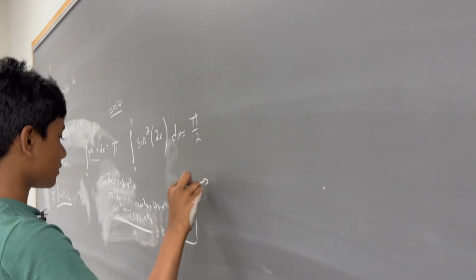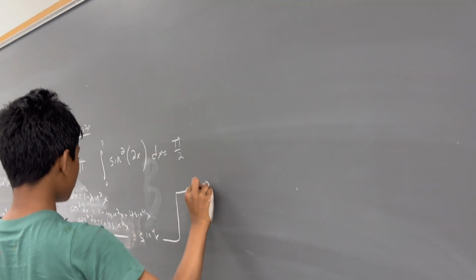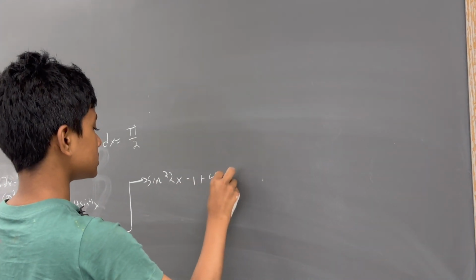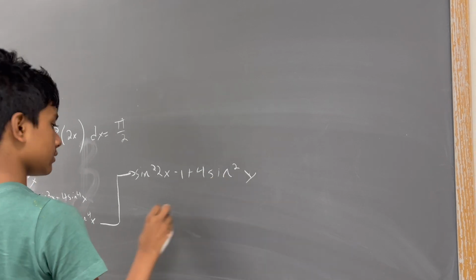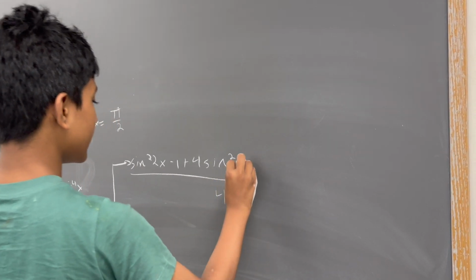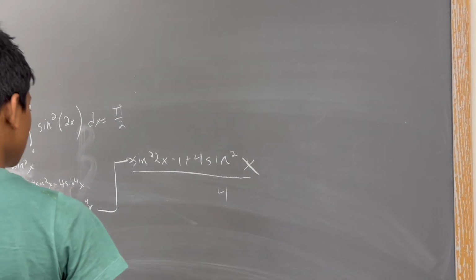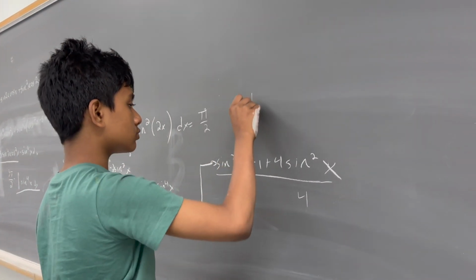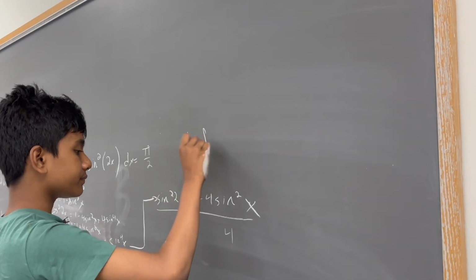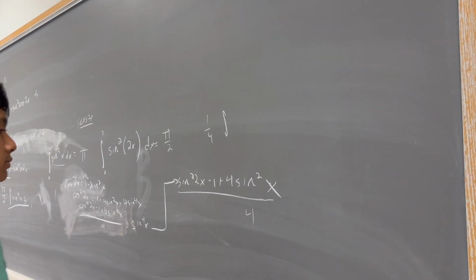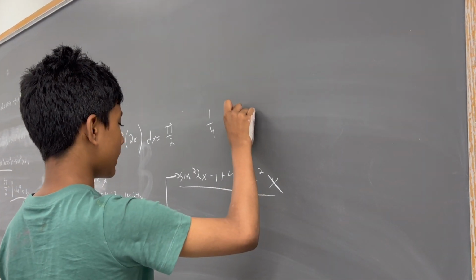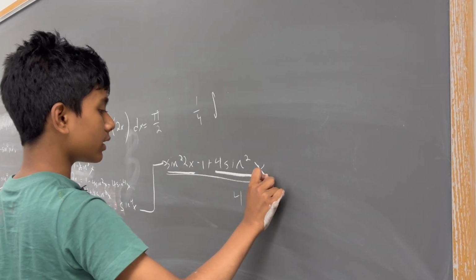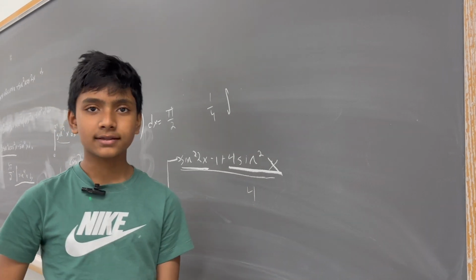So we get sine squared 2x minus 1 plus 4 sine squared x divided by 4 is what makes up this integral. So then, what the heck is this in the end? Well, it's just 1/4 of this integral. And of course, the rest of this is just full of stuff that we've already done. So that's an exercise left up to you.